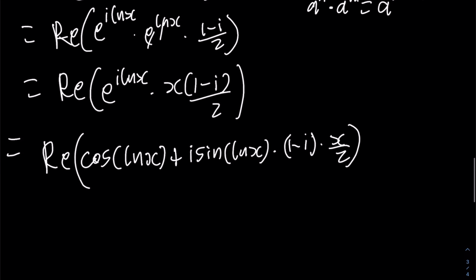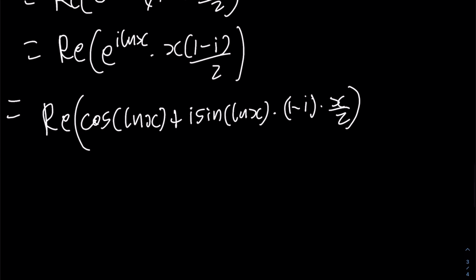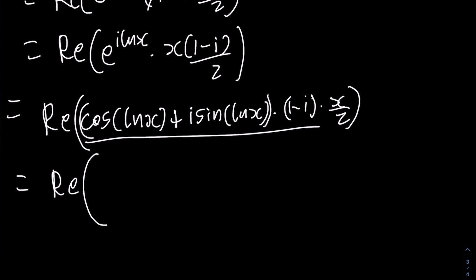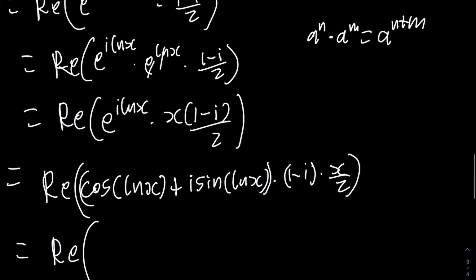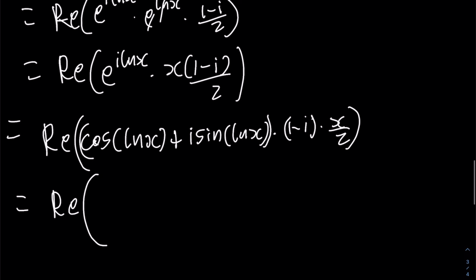So what we can now do is take these terms together, and let's just put a bracket around this to be more precise. This is the real part of, now what we can do is distribute these two binomials and see that this is a term where we just multiply out the brackets, and we'll leave this x over 2 as it is, because we see that we have something nice there that is a real part.